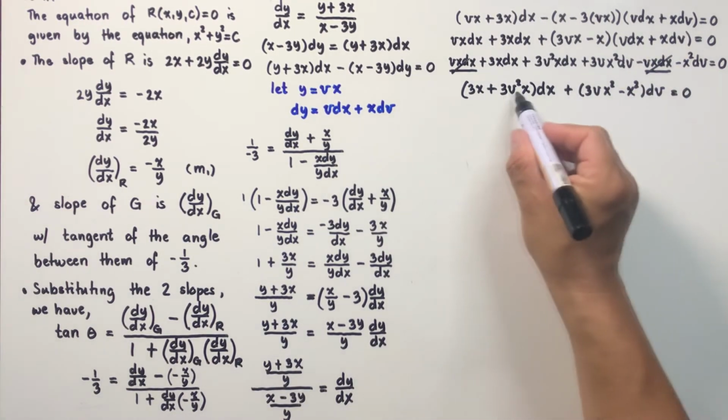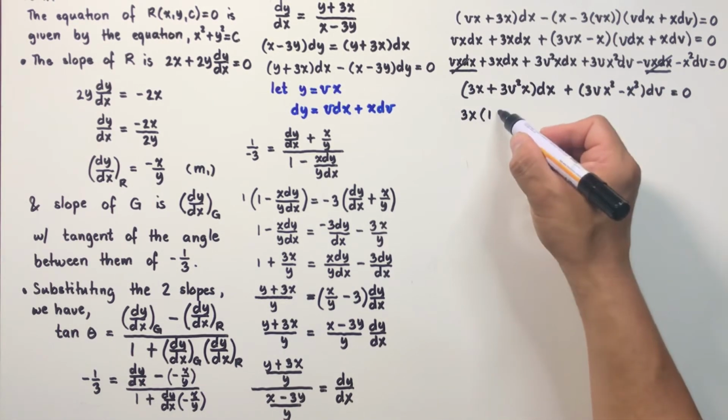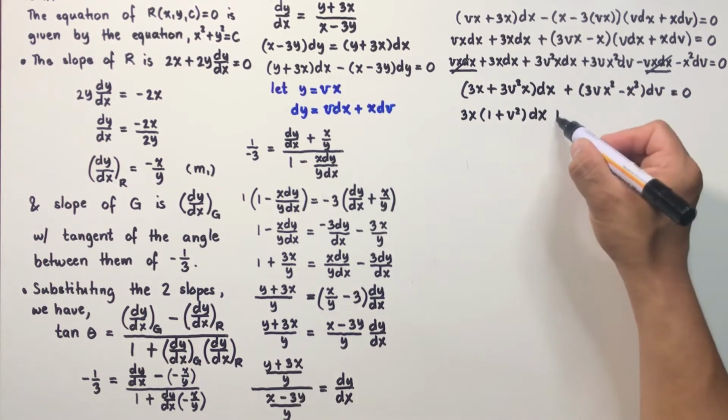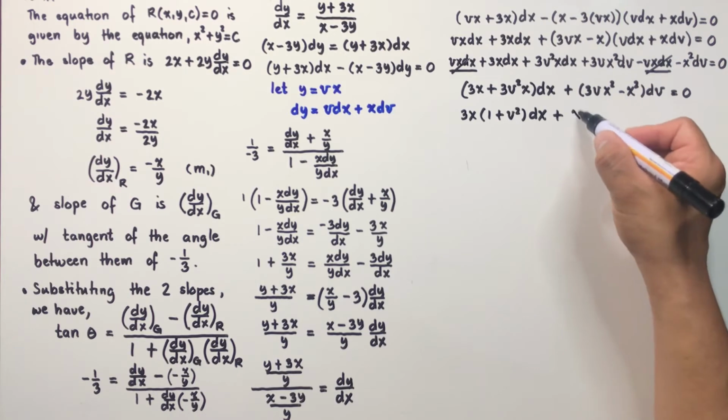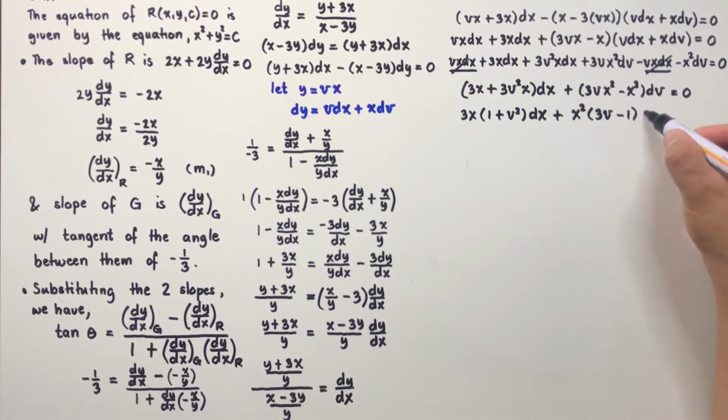And we can factor out the common monomial factor here, which is 3x. We have 1 plus v squared. And also this one, the common factor is x squared. So we have (3v minus 1) dv.